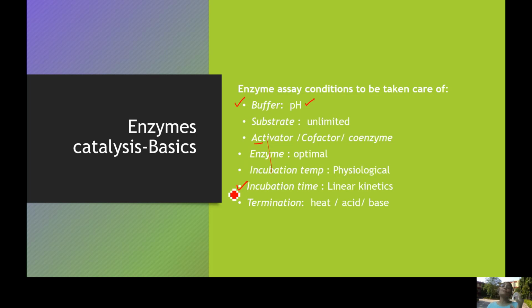Only then you can extrapolate and determine the concentration of the unknowns. And finally, the termination of any enzyme catalyzed reaction can be done either by raising the temperature above the optimum temperature of the enzyme or by adding acid or alkali in excess, which will denature the enzyme and lead to loss of the enzyme activity.